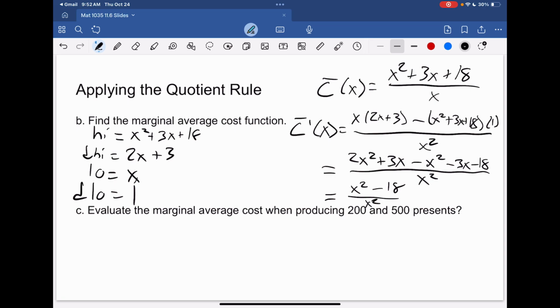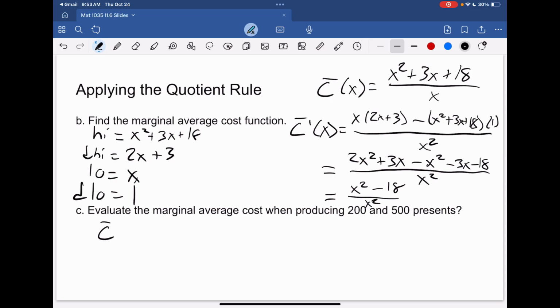This will tell me the slope of the average cost at any point that I choose. So let's evaluate this for 200 and 500. Remember that I said x represents 100 presents. So I need to find when x is 2 and when x is 5.